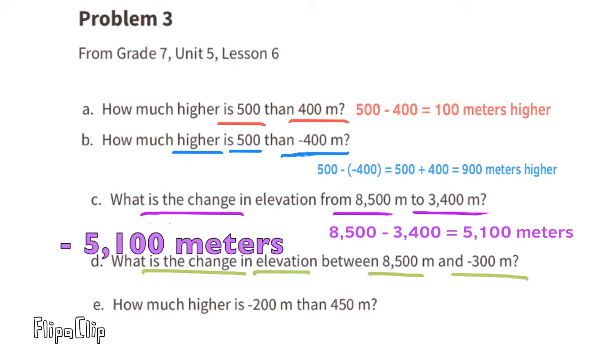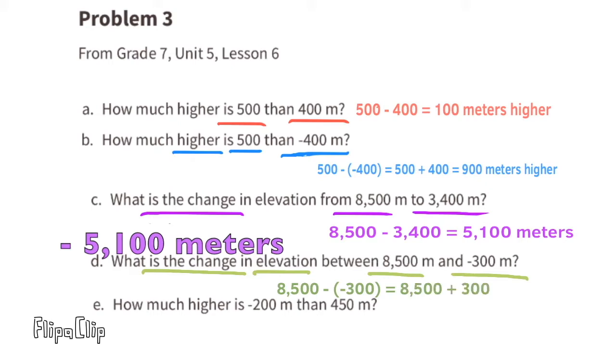D. What is the change in elevation between 8,500 meters and negative 300 meters? Again, this change in elevation went down, so we know the answer is going to be a negative. 8,500 minus negative 300. That's the same as 8,500 and the opposite of negative 300.